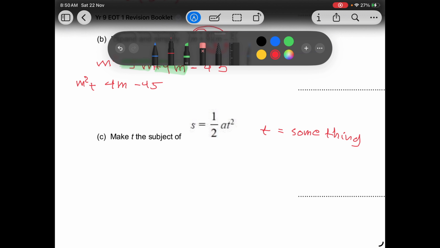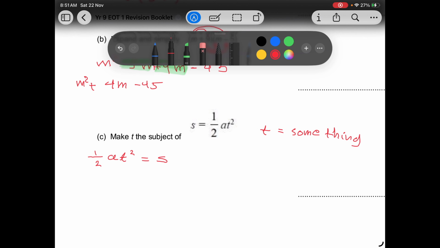So what I have is 1 over 2 a t squared. First of all, allow me, guys, just to flip this. I mean by flipping, just to switch the left and right sides. And this is a free step to attempt. So 1 over 2 a t squared equals s.